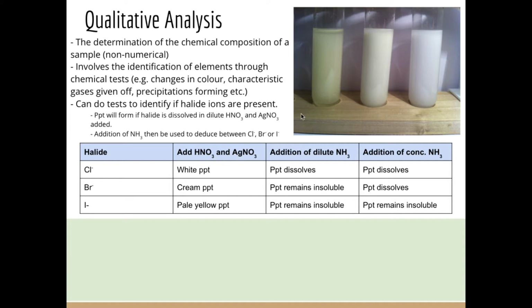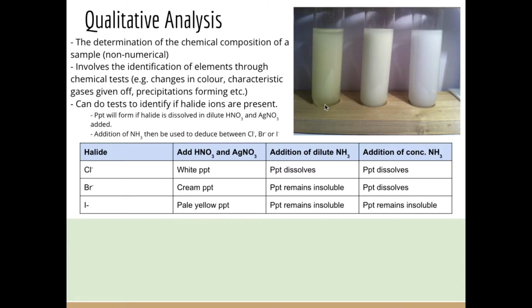These are a very similar color to each other. The chloride gives a white precipitate, bromide is a cream precipitate, and iodide is a pale yellow precipitate. We can then do further tests to identify with more certainty which halide is present, based on what we observe when we add ammonia.